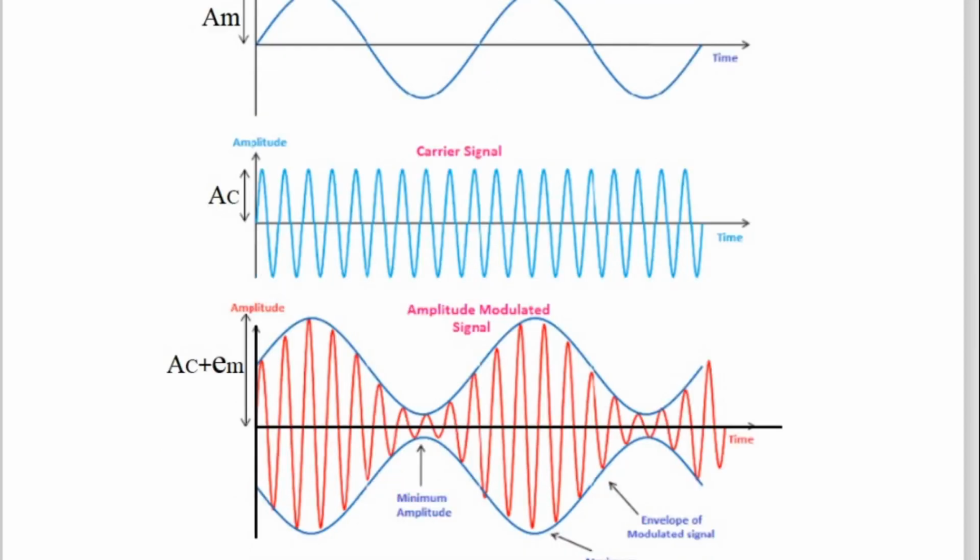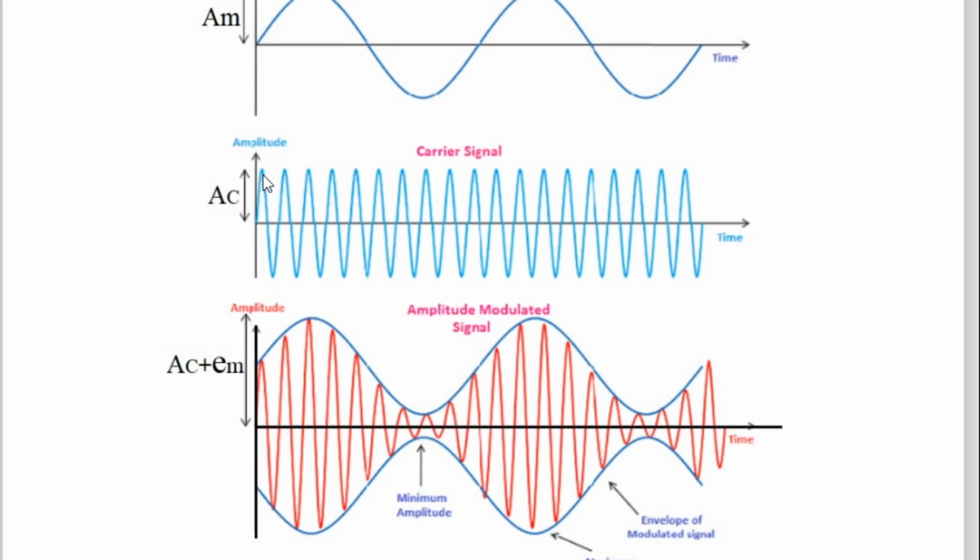Now, according to the definition of amplitude modulation, the amplitude of the carrier changes according to the instantaneous value of the information signal. Therefore, you see here at time t equal to 0, remember, the amplitude of the modulated signal, this is the modulated signal output, is equal to the carrier signal.